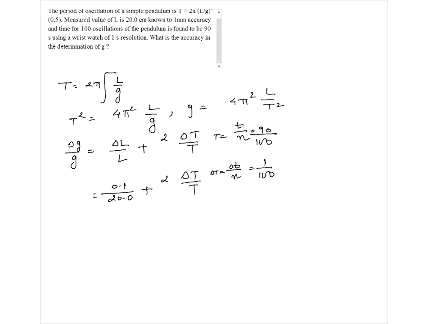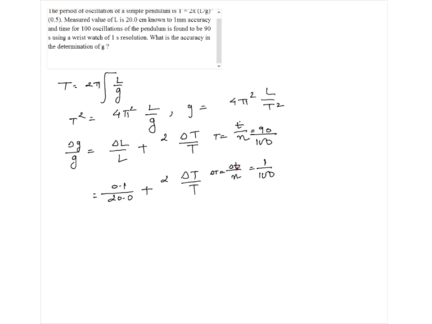That is capital T. Small t by n is capital T. Then your instrument has 1 second resolution. So error in measuring this total time of 90 seconds is just 1. Delta t is the resolution of your instrument or stopwatch.